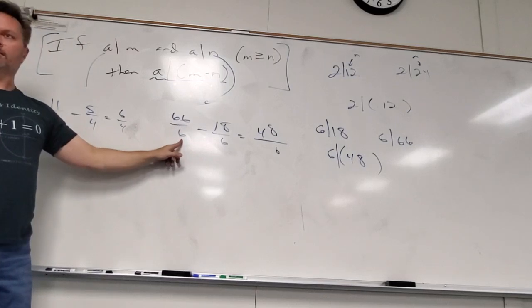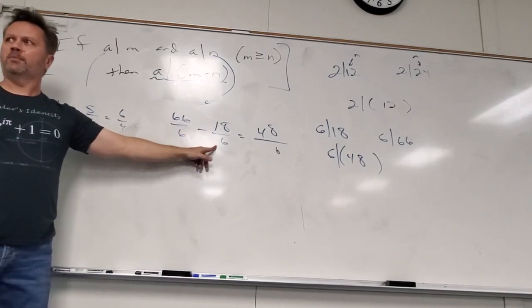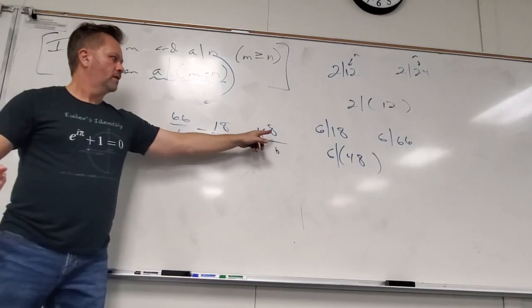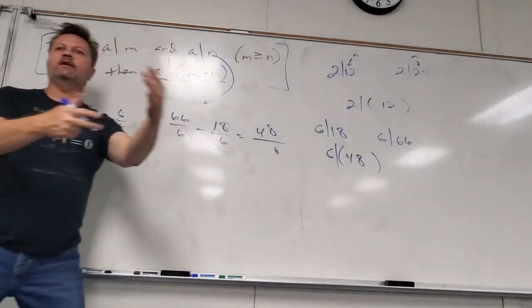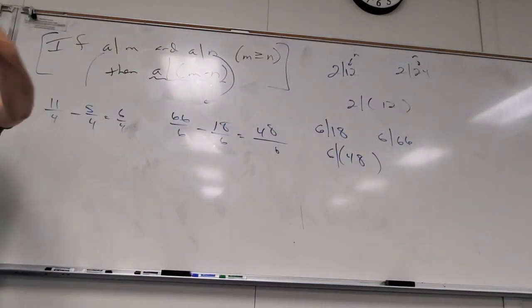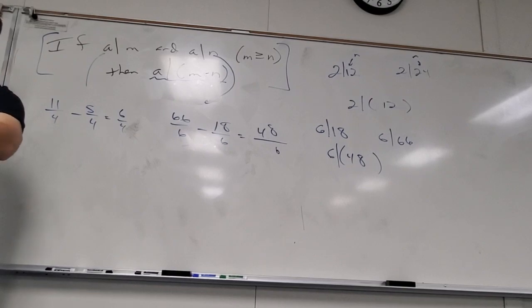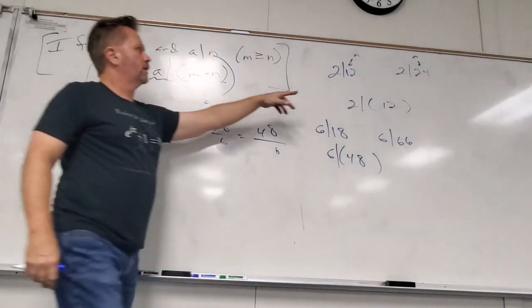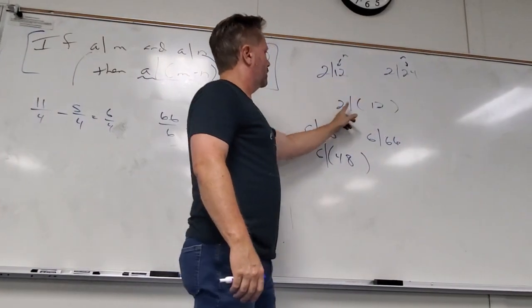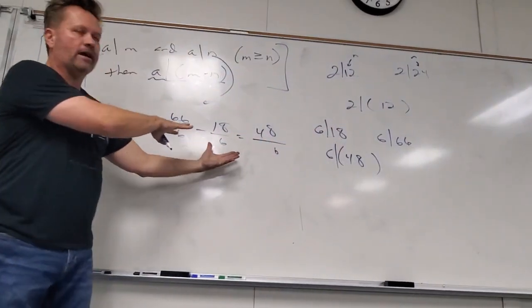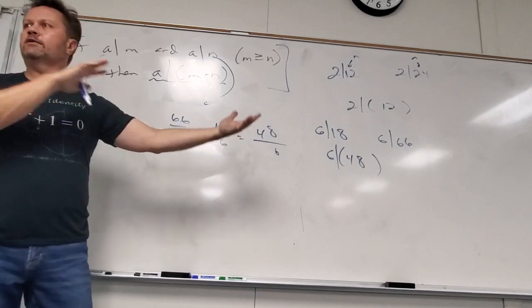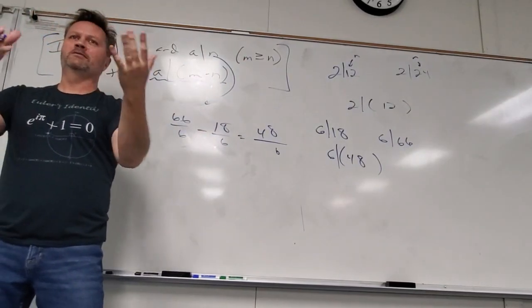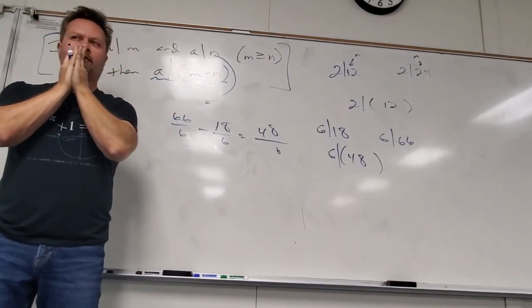So isn't this a whole number? And isn't this a whole number? So of course, when I subtract the tops, it's the same thing mathematically. So of course that also is a whole number. So that's all that's saying. If you have a number that goes into something and a number that goes into something else, then the number goes into their difference. And you can see that through fractions. Fractions help sometimes.